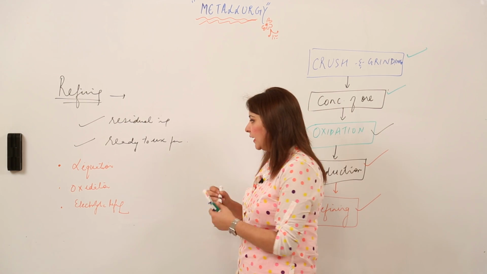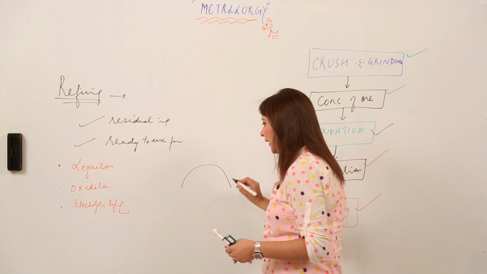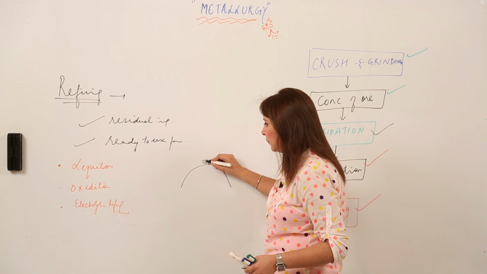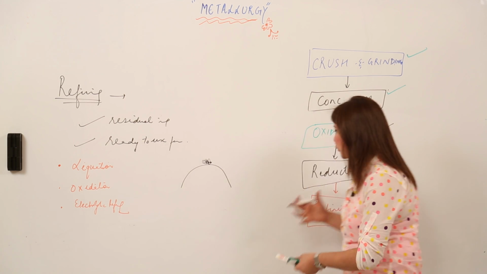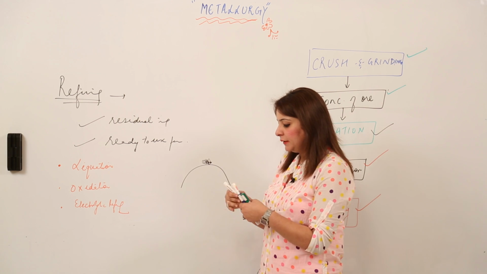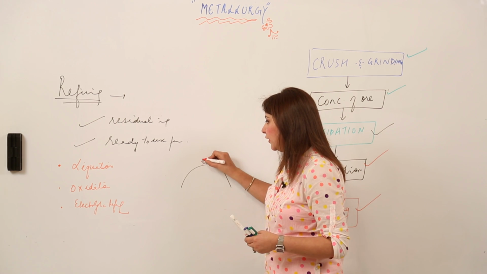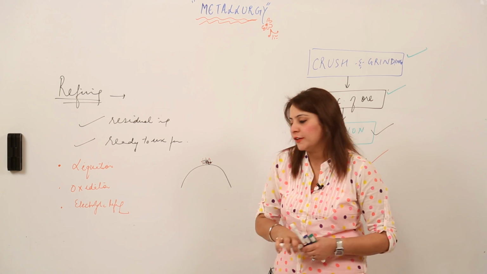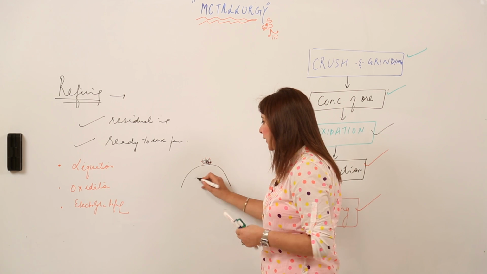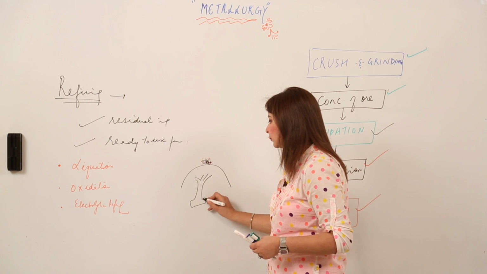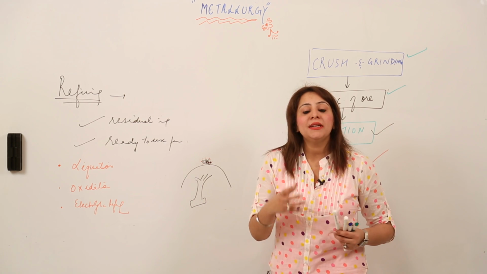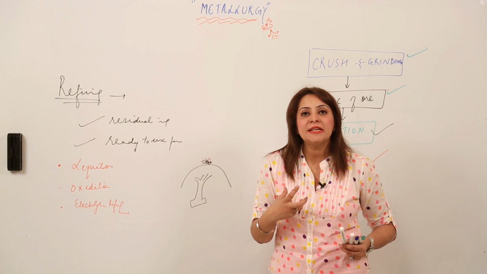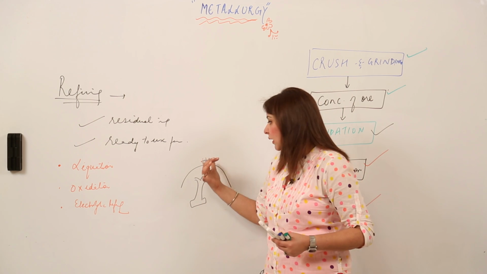In the liquefaction method, which is a very simple method, we take an earthen slope like this, and keep the metal which is obtained after the reduction on it. As we know, it contains residual impurities sticking to its surface. So we heat it with the help of a burner. The metals have a lower melting point as compared to the impurities.